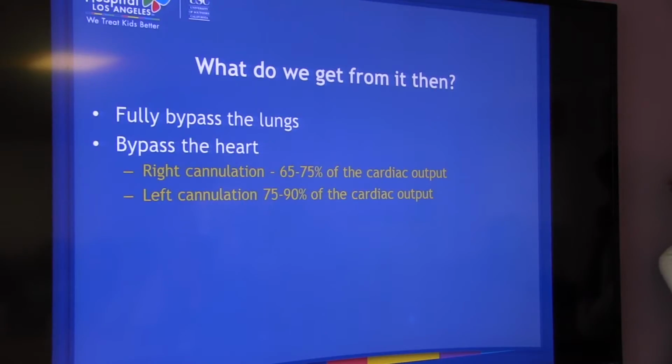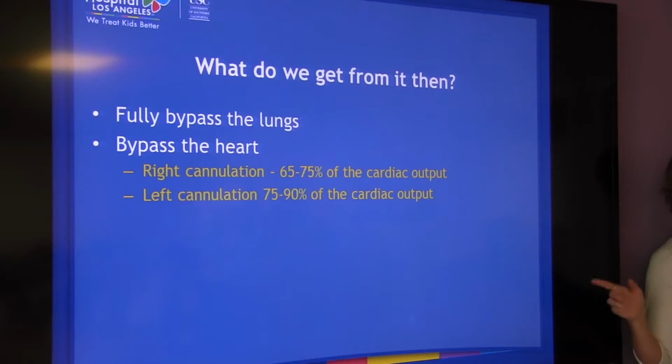So these are the numbers that we were talking about this morning: if you do a right-sided cannulation, you'll decompress the heart about 65 to 75% of the time. And it is kind of hard to remember that, because as soon as you start talking about full flows, people really do start conceptualizing that you're taking the full amount of blood volume out of the body, but you're really not, as opposed to a left cannulation where you've got 75 to 90% that you're decompressing.